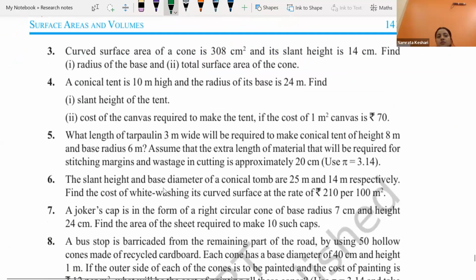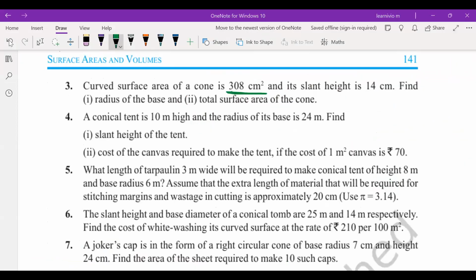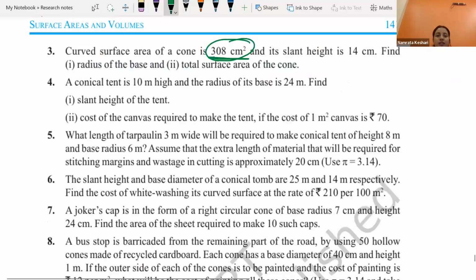This is our third question, which says that the curved surface area of a cone is given. Here it is given that the curved surface area of the cone is 308 centimeter square, and the slant height is given as 14 centimeter.